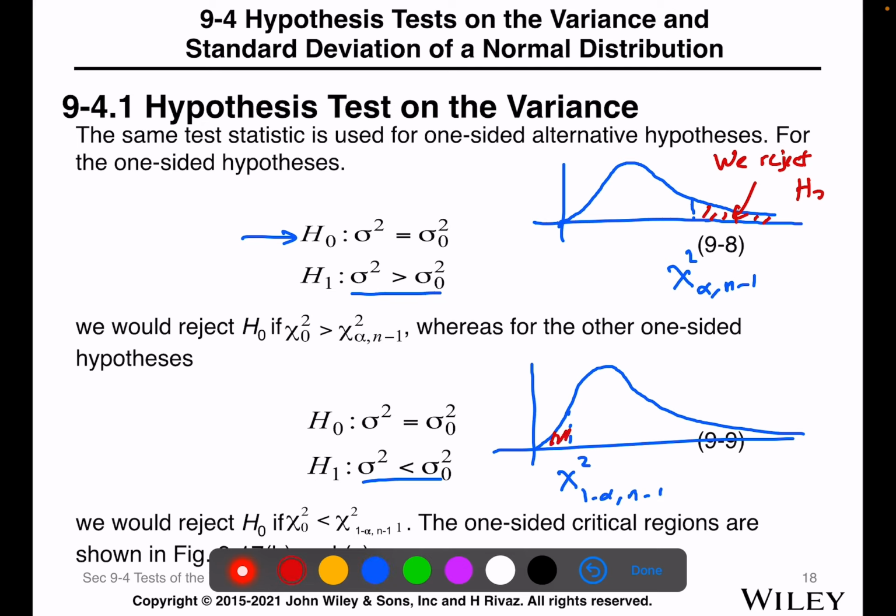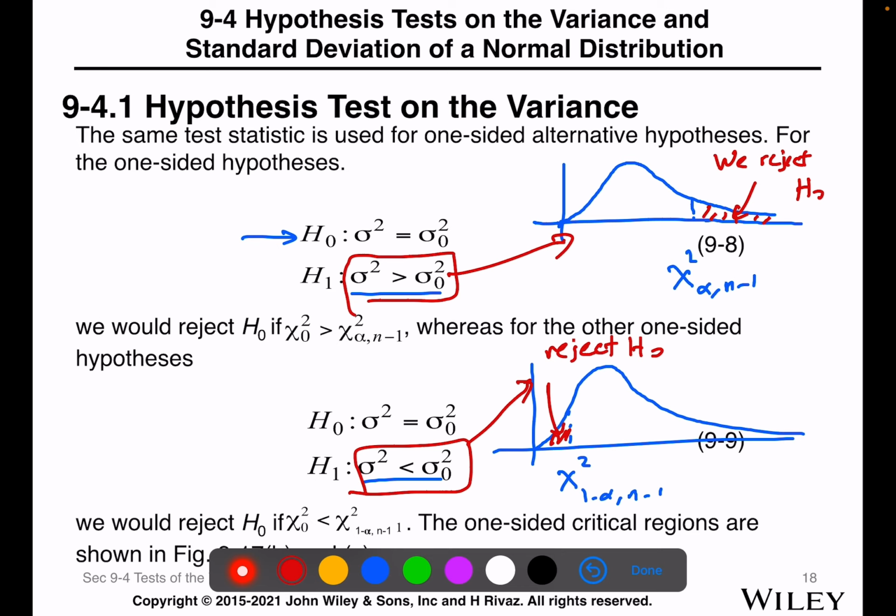Again, if we are here, we reject H0. So it's for this case, and this is for this case. Quite similar to the mean. Any questions?